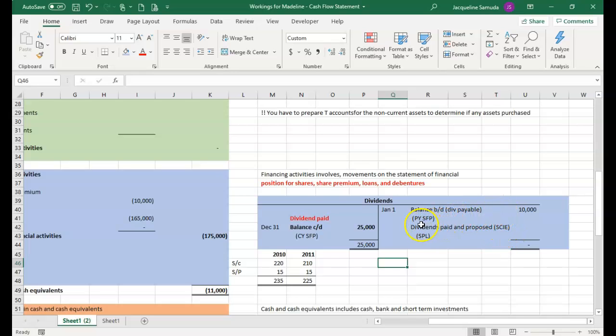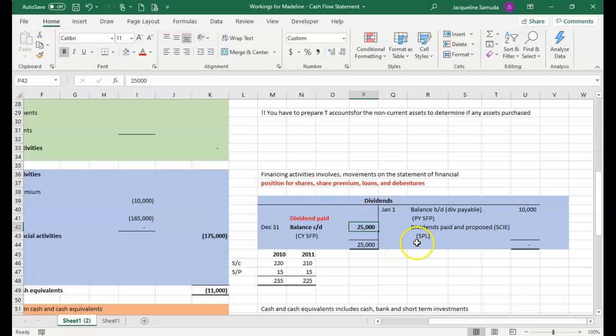So you'll notice that the prior year statement of financial position, PYSFP, is where we went to look to find the 10,000. Then the closing balance of 25,000, we looked in the current year's statement of financial position, CYSFP, and we got the figure there.